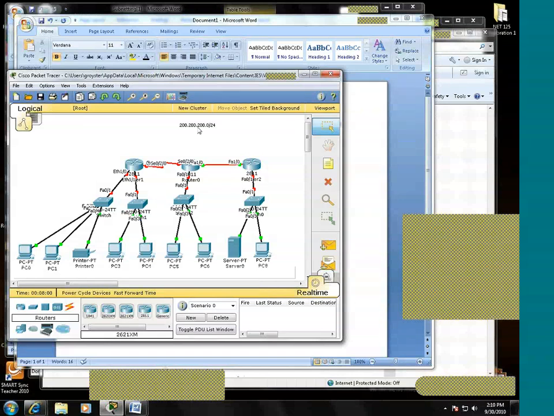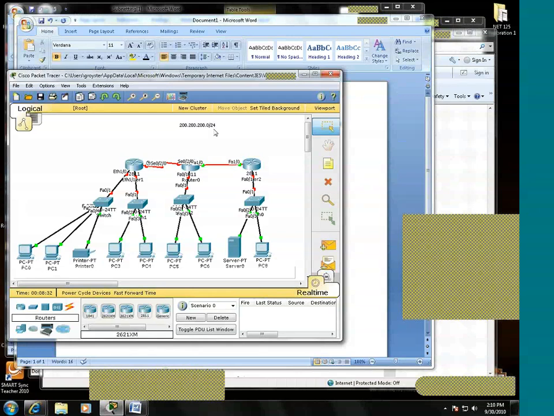And note the address space at the top of the diagram: 200.200.200.0/24. What's the dotted decimal subnet mask? 255.255.255.0.